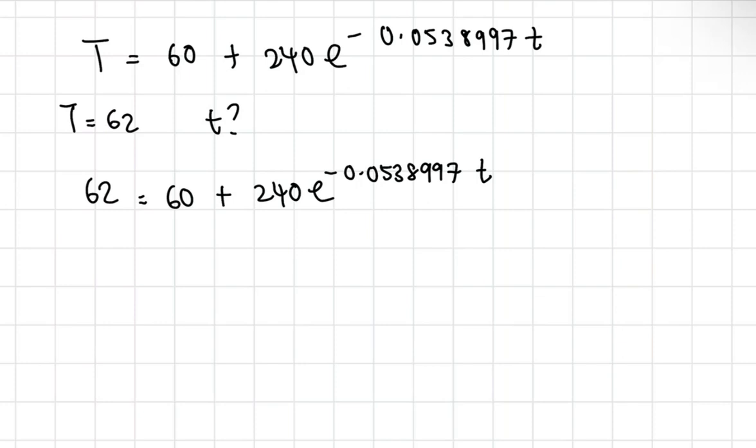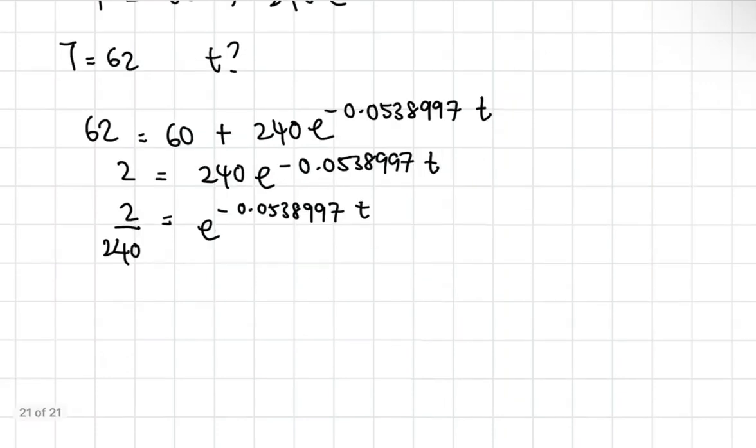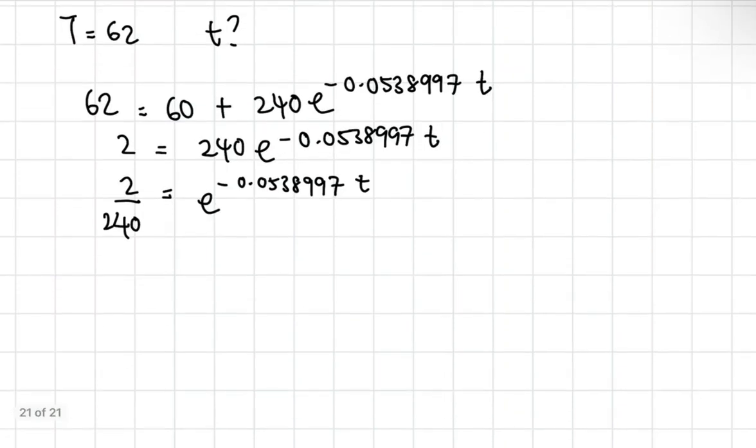Solving for t, 62 minus 60 equals 2. 2 equals 240 exponent minus 0.0538997t. 2 divided by 240 equals exponent minus 0.0538997t. Then take ln on both sides.